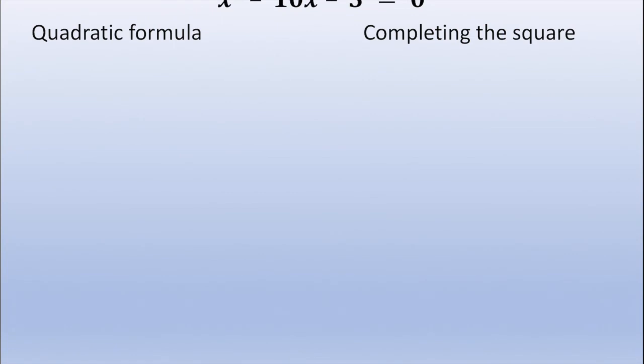All right, let's try solving x squared minus 10x minus 3 two ways, either the quadratic formula or completing the square. If I start off with the quadratic formula, we know a equals 1, b equals minus 10, and c equals minus 3.